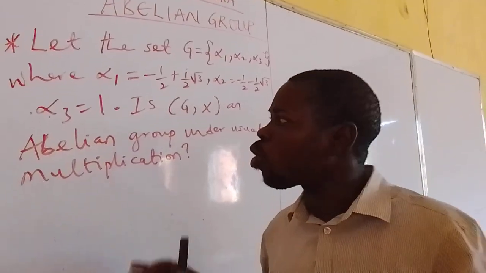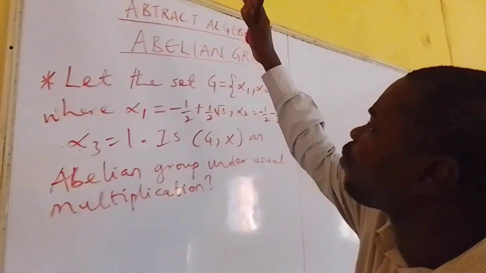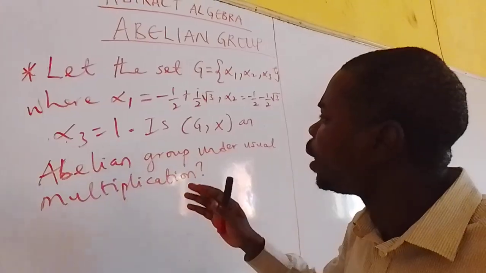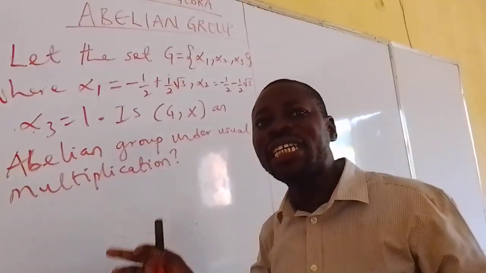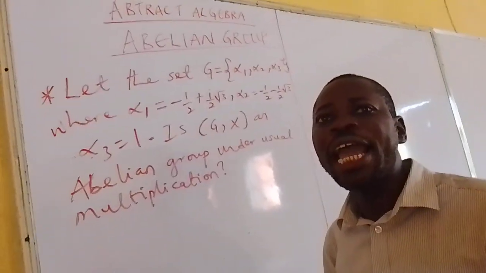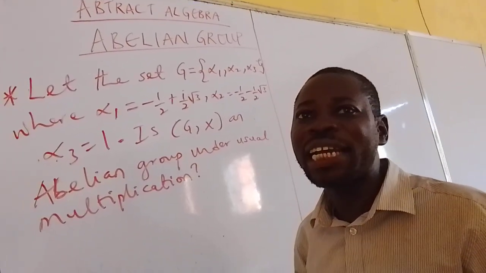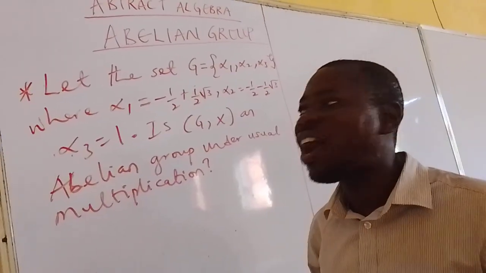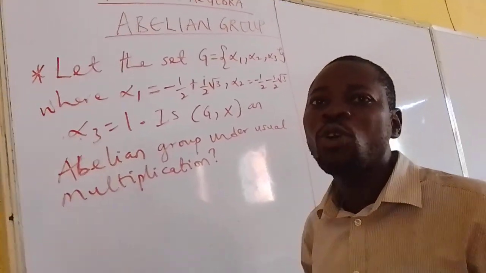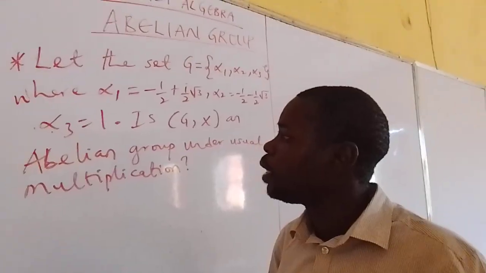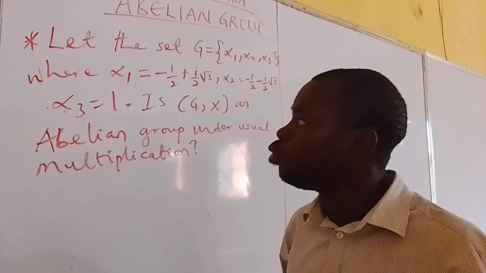Now, in order for us to call it Abelian, on top of all the 4 properties above, the property of commutativity is added, that means for all a, b in G, a * b is equal to b * a. So if all those 5 properties are satisfied, it is called an Abelian group.